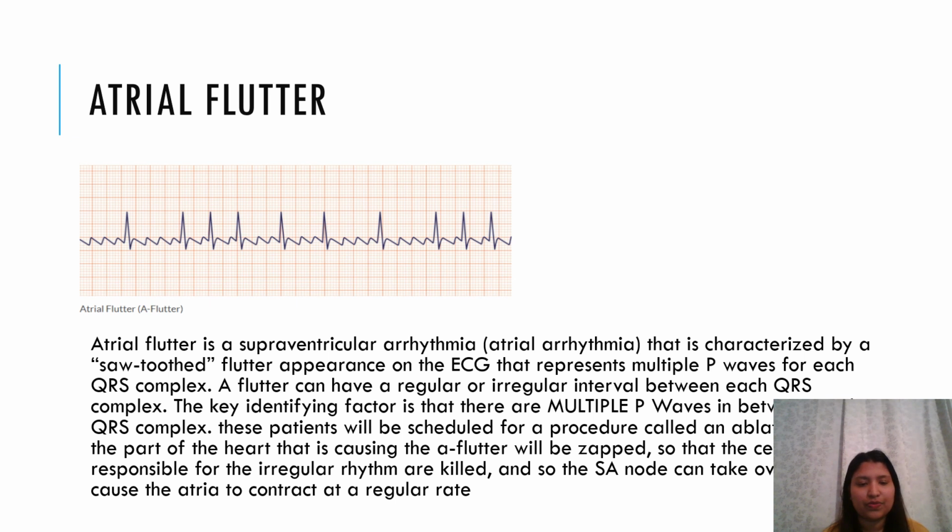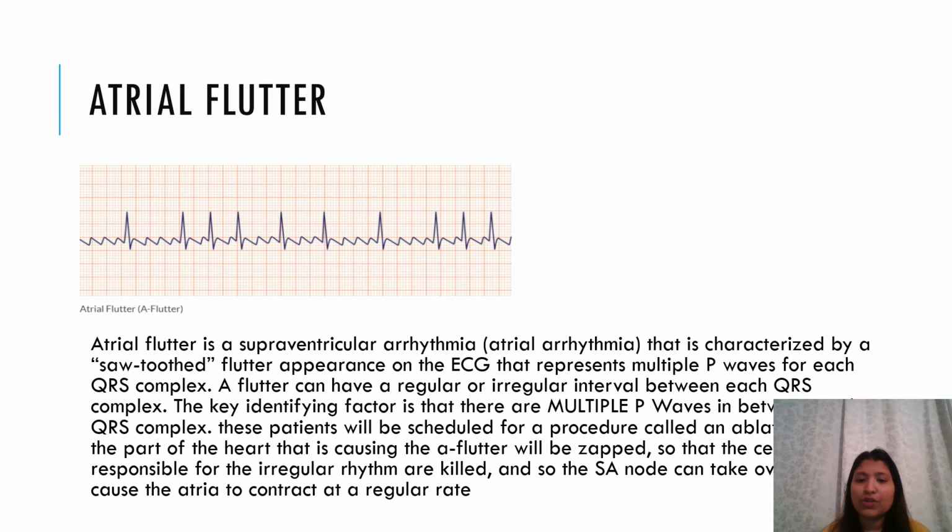Atrial flutter. It's a supraventricular arrhythmia that is characterized by a sawtooth flutter appearance on ECG that represents multiple P waves for each QRS complex. So after each QRS complex, you can see multiple P waves. The key identifying factor is that there are multiple P waves in between QRS complexes.